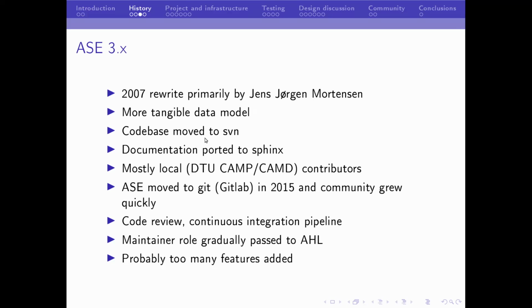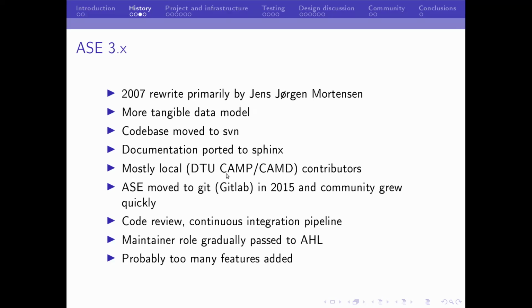The code base was moved to SVN, which was modern at the time, and the documentation, which was previously a Moin wiki, was then moved to Sphinx, which is Python's own documentation system. It had recently become available at the time, I think.